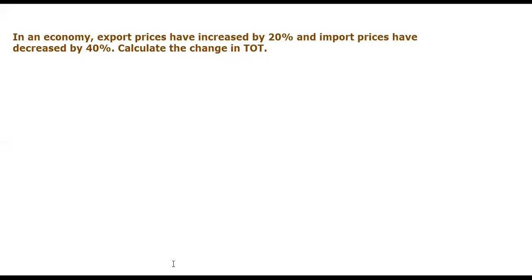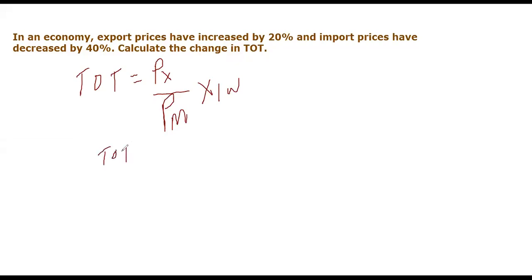If you calculate this, you have to use the normal formula: terms of trade is export price index over import price index into 100. You have to find out the terms of trade change.